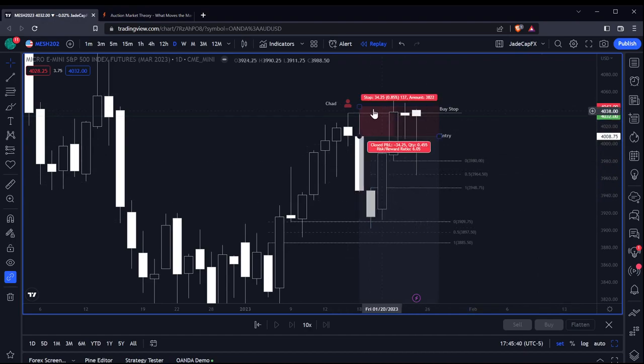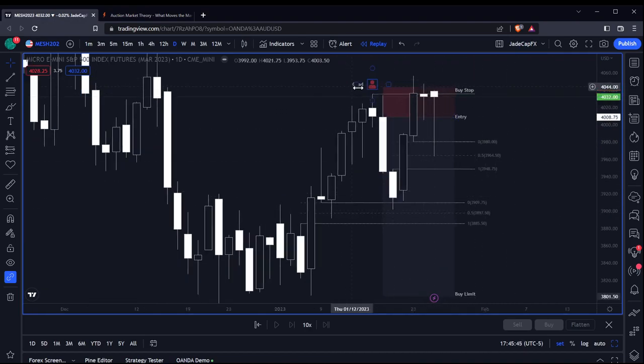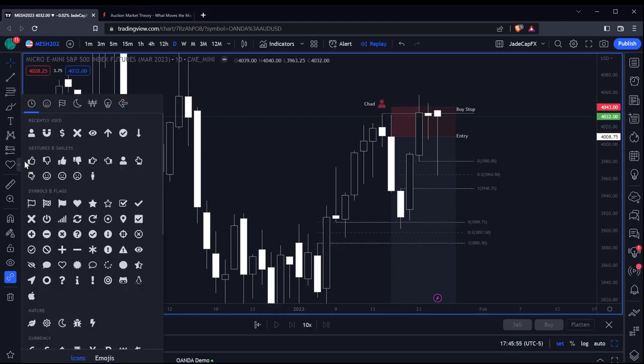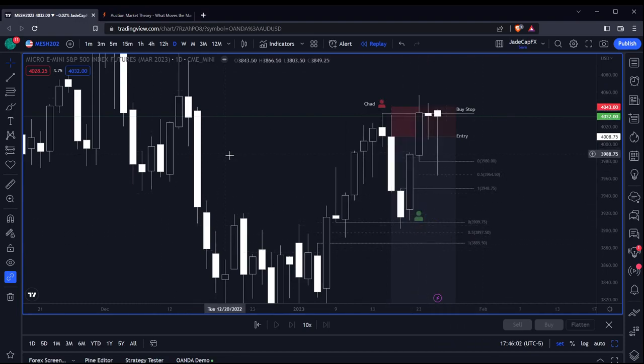Okay, so what is happening down here? Chad took a short up here. When we get down into a discount, who is buying the market? Let's say that I'm going to step into the marketplace and I think that the S&P is going to go higher.